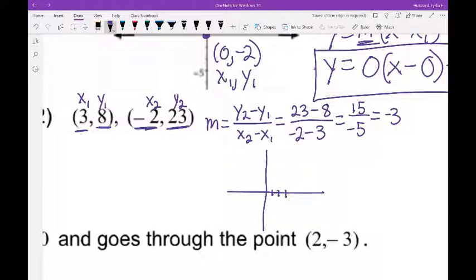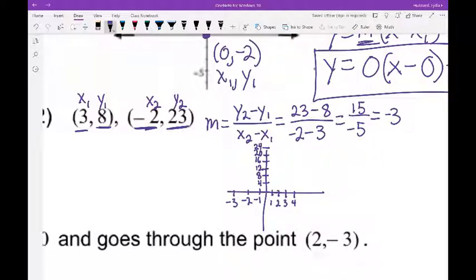These will be in increments of 1, 2, 3, 4, -1, -2, -3. And then my vertical will be in increments of 4, I guess. So like 4, 8, 12, 16, 20, and this will be 24.